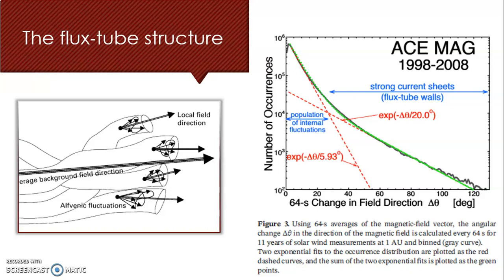Exponential 5 degrees denoting the distribution of the small angular change, and the exponential 20 degrees dominating at the large angular change. This is interpreted as two populations in the solar wind. Large change in the field direction occurring across the flux tube walls, and wiggles in the field direction occurring within the flux tube.